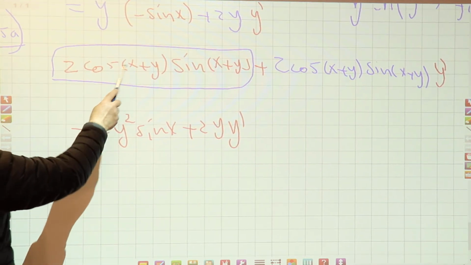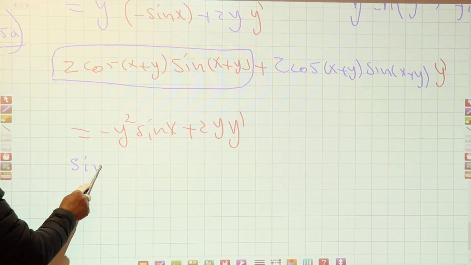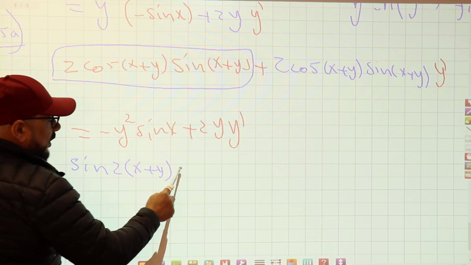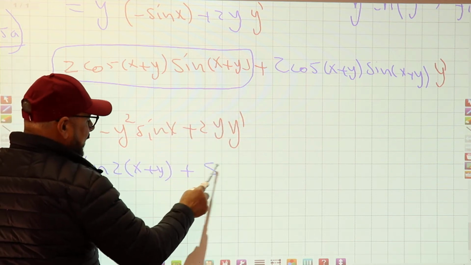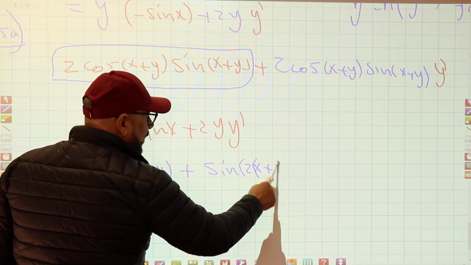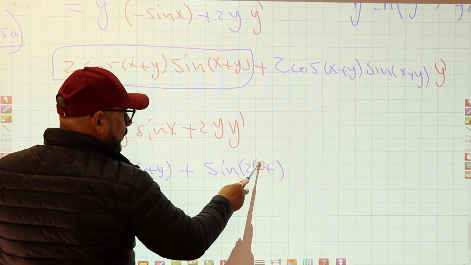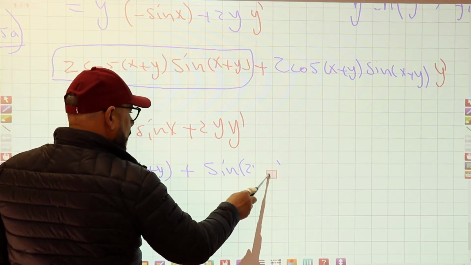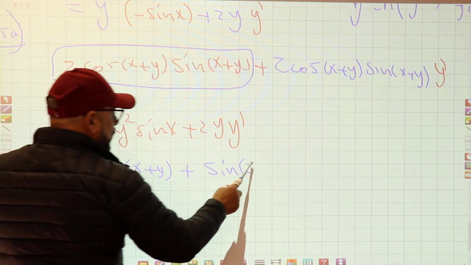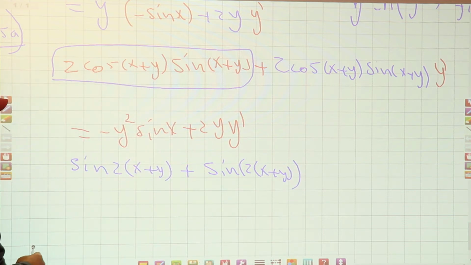Now it's very simple: we can write this as sine of 2(x plus y), and the other one as sine of 2(x plus y) as well.